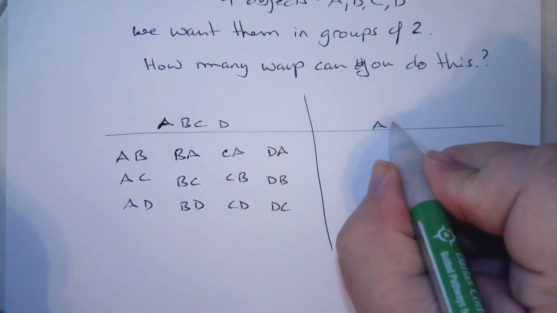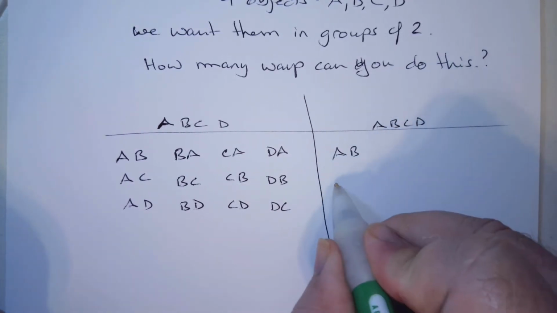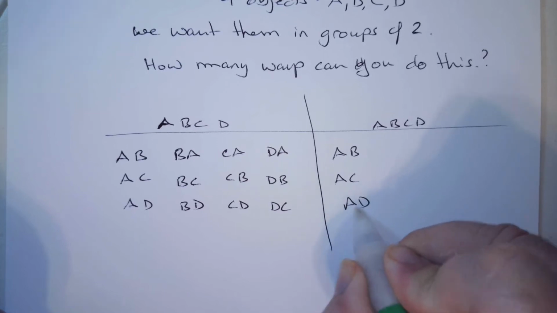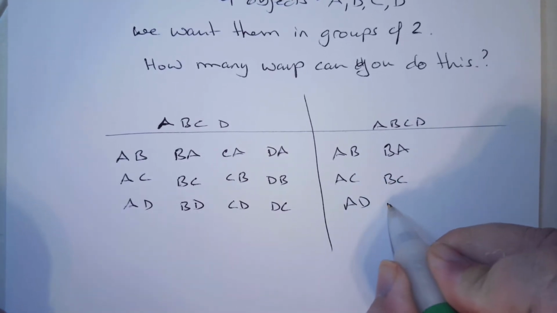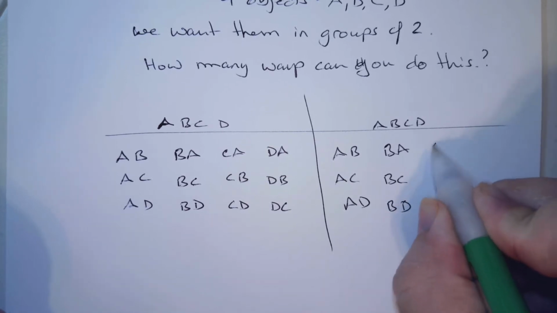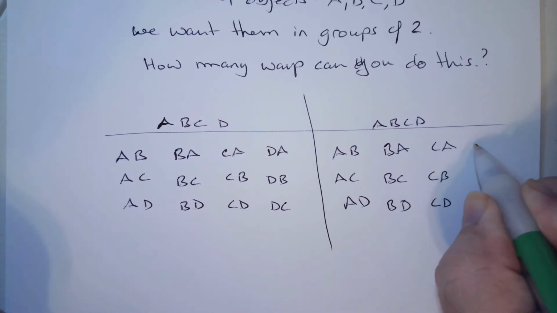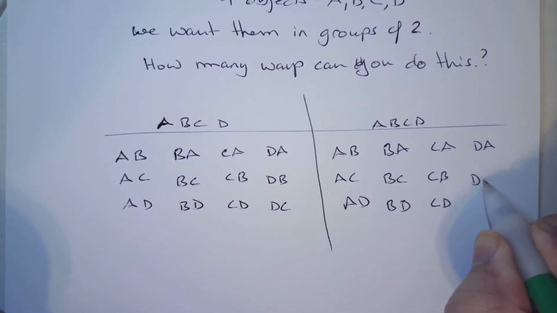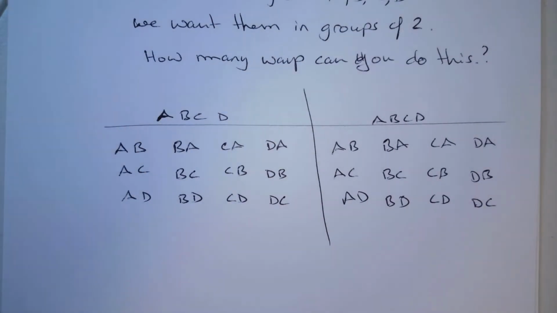Let me copy those over here again, and I'm going to show you the difference between the 2. AB, AC, AD, BA, BC, BD, CA, CB, CD, DA, DB, DC. All right, let's look at two different ways.